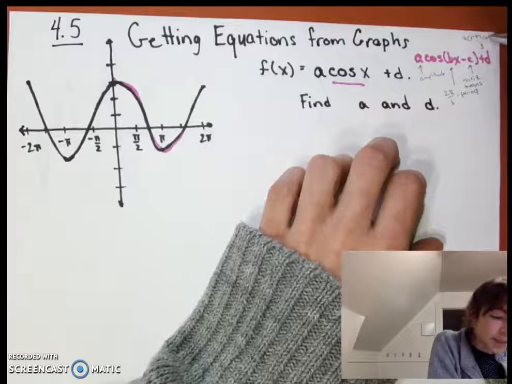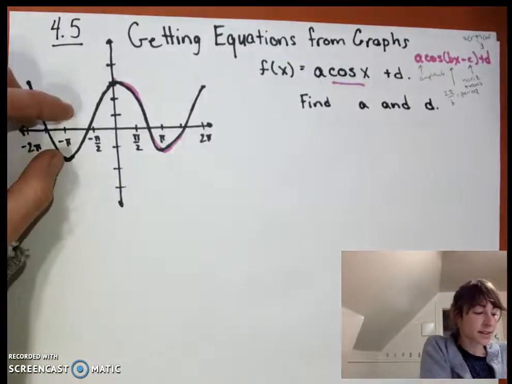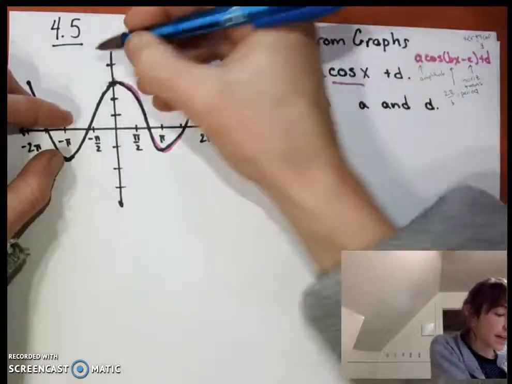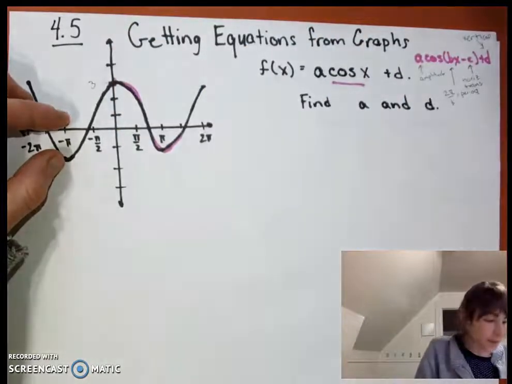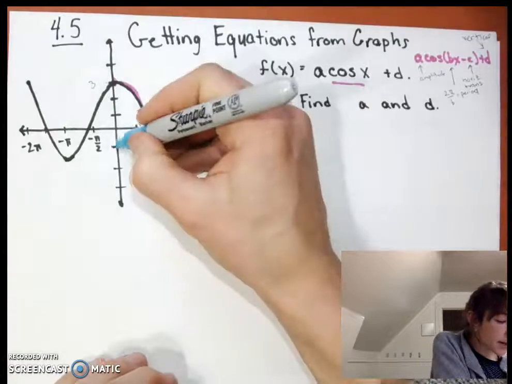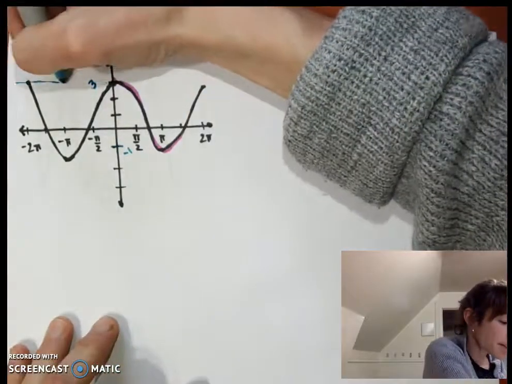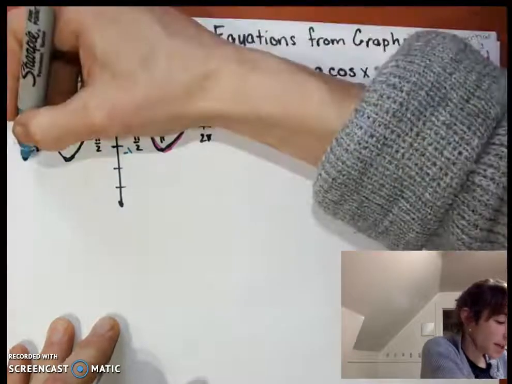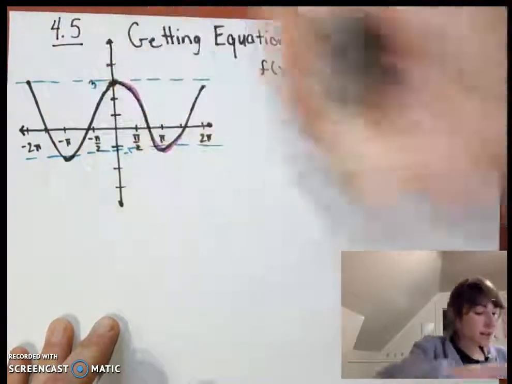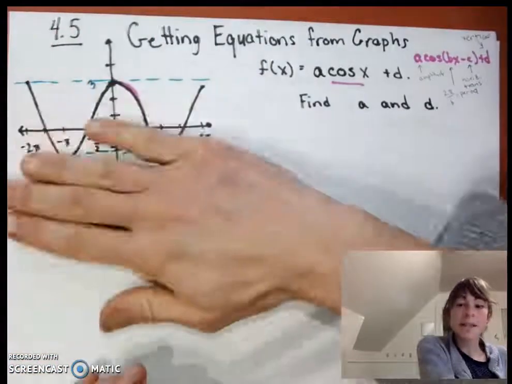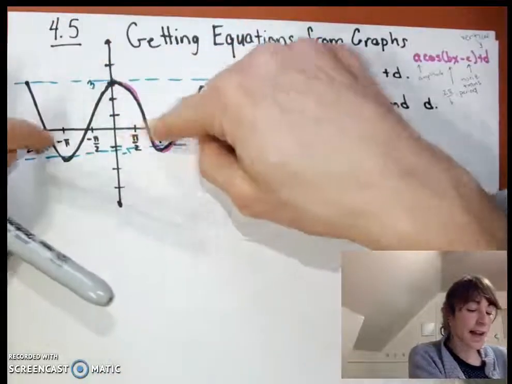So if you look at this graph, the high point is at 3, and the low point is at -1. So our graph sort of fits between 3 and -1. It's not symmetric across the axis.